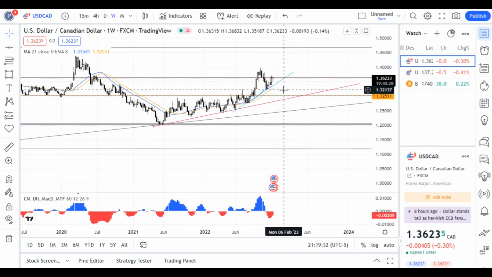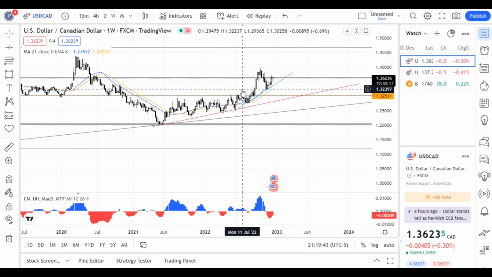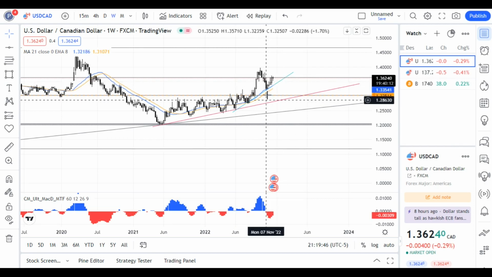Unless you trade in the smaller time frames, like the 15 minutes or the 1 hour, then you can try to get a possible entry here. So that's it, using your smaller time frames.